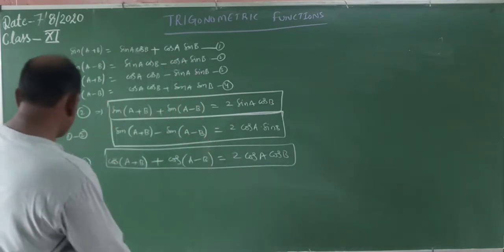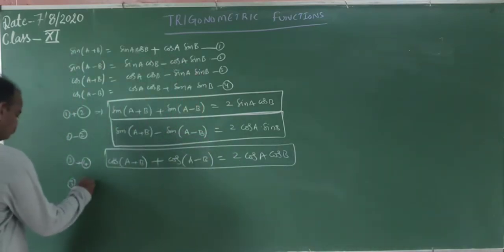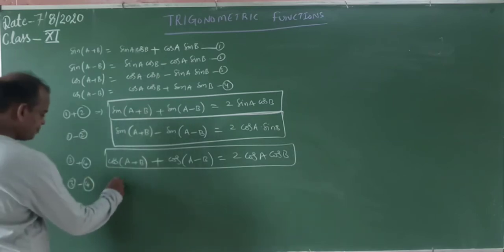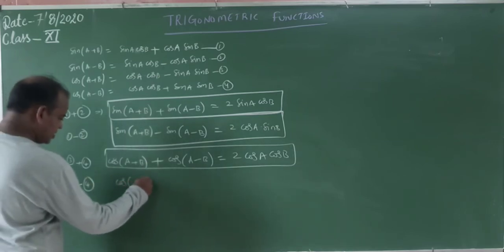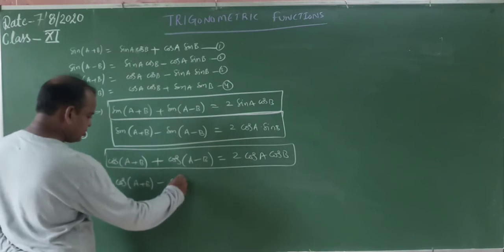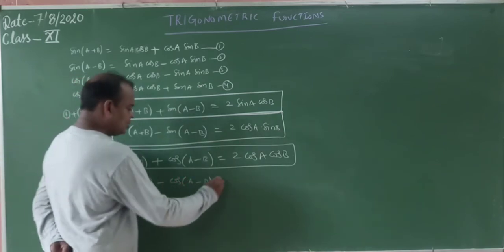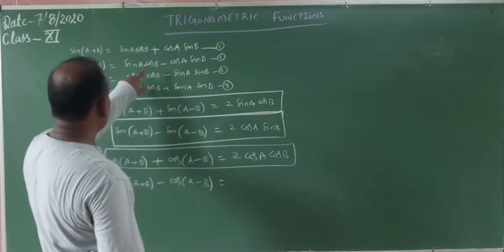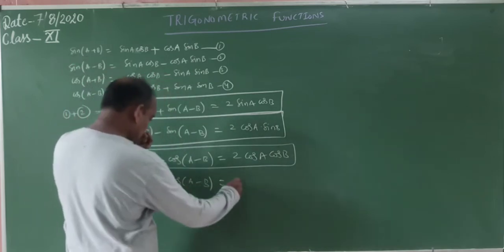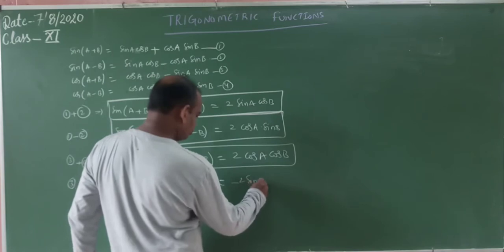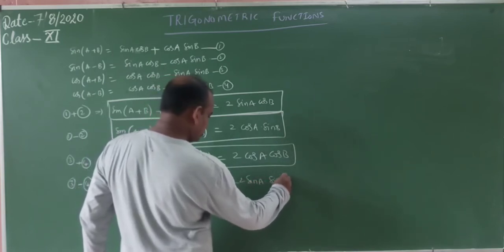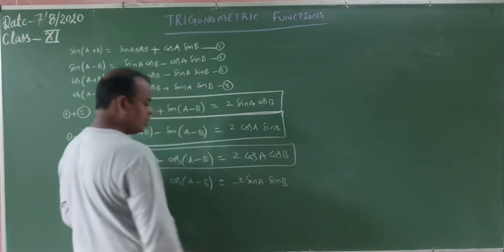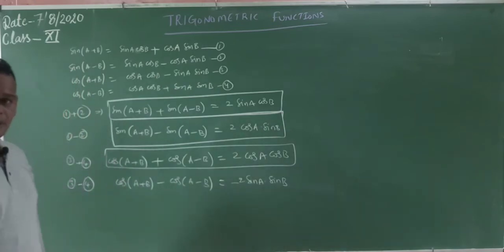Next, difference, 3 minus 4. Cos of A plus B minus cos of A minus B. What happened? Tell me. Minus means this is minus, this is minus. These two are cancelled. Minus minus, minus 2 sin A sin B. Understood?